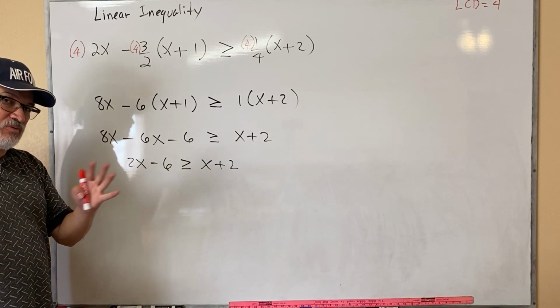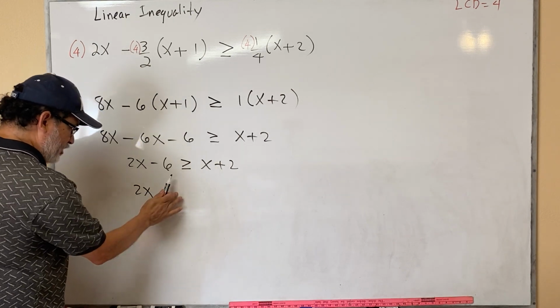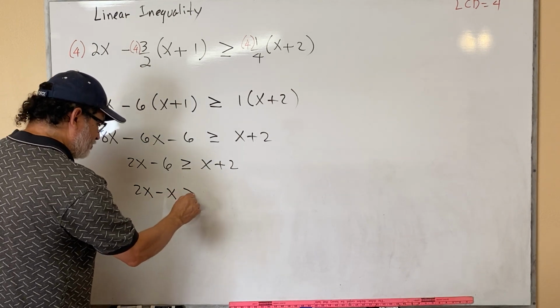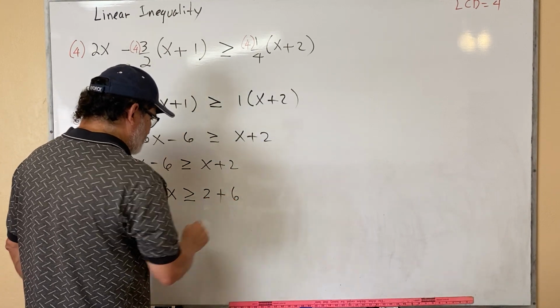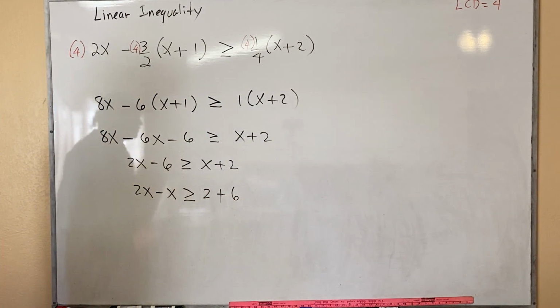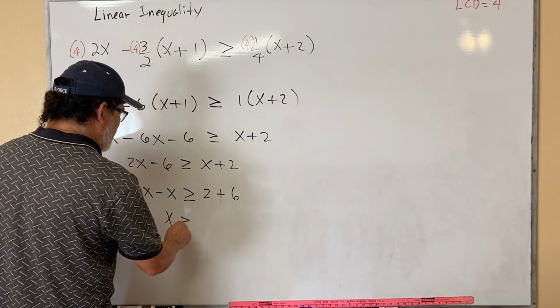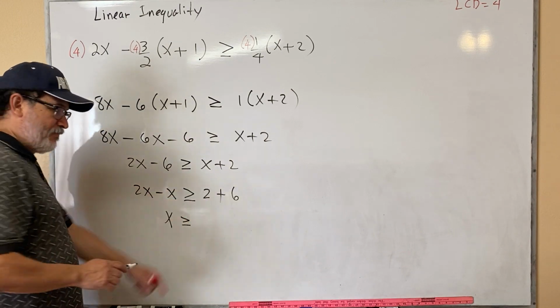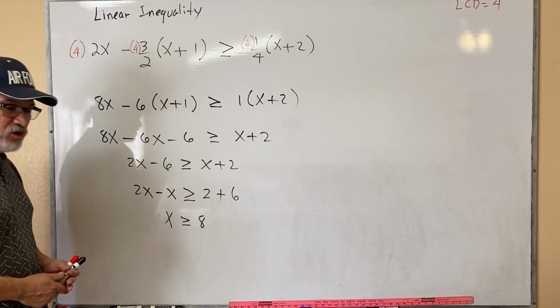When I do that, this is what happens. That's a 2x. Bring it over. Minus x. Take it over. A 2 plus the 6. Okay? And so we get x is greater than or equal to 8.